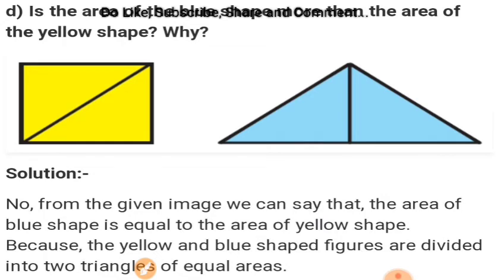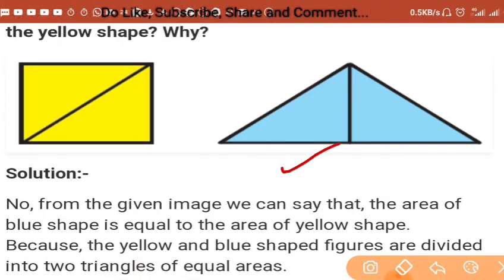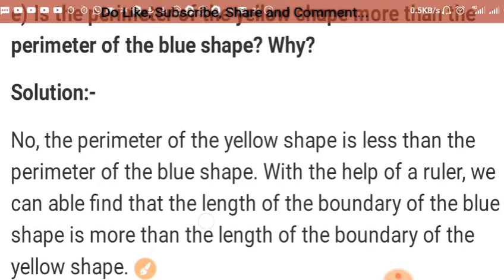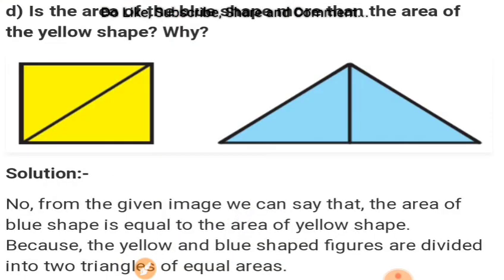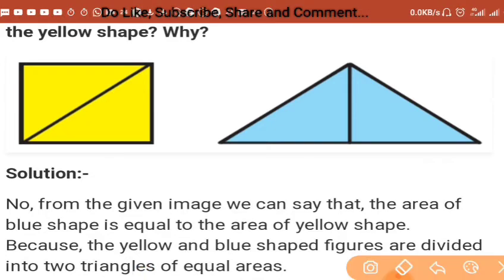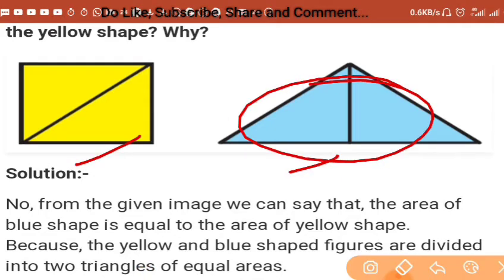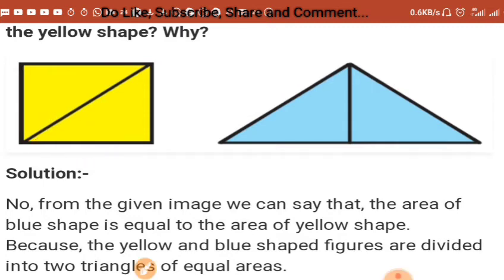Next is question number D. Is the area of the blue shape more than the area of the yellow shape? If yes, then why? First, see the two shapes. This is the yellow shape, this is the blue shape. This is a triangle, and here you can say this is a rectangle. Now read the answer. No, first of all, the answer is no. The area is not bigger or less.